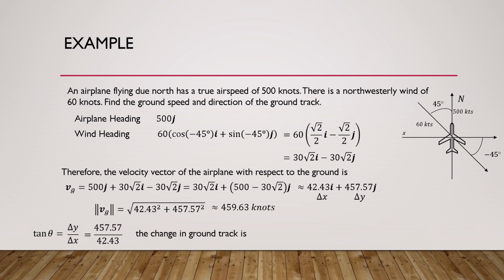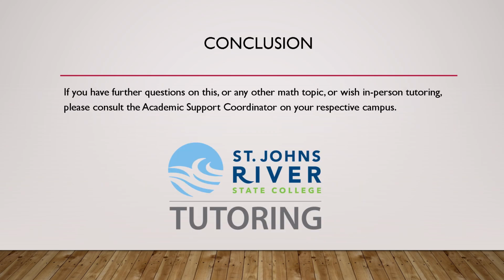The change in ground track is then theta equals the arctangent of 457.57 over 42.43, which equals approximately 1.48 radians, or 84.7 degrees with respect to the x-axis. This equals a change in course of approximately 5.3 degrees east of the northerly heading.